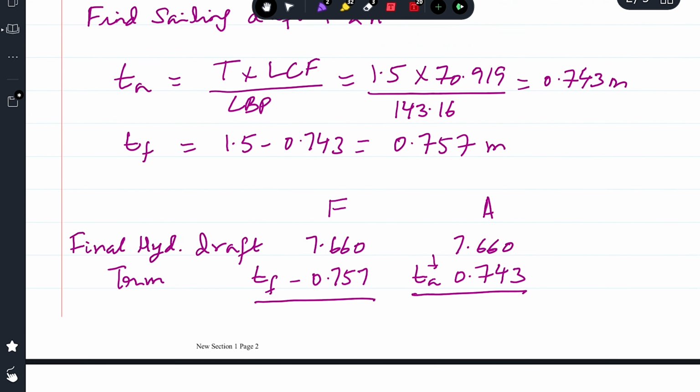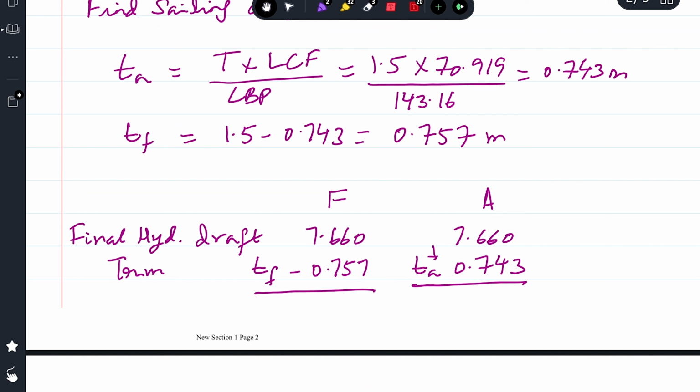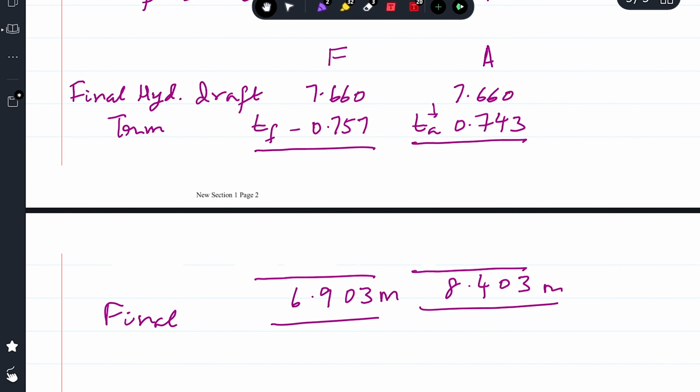And you get final sailing draft forward 6.903 meter and aft 8.403 meter. This is forward, this is aft.